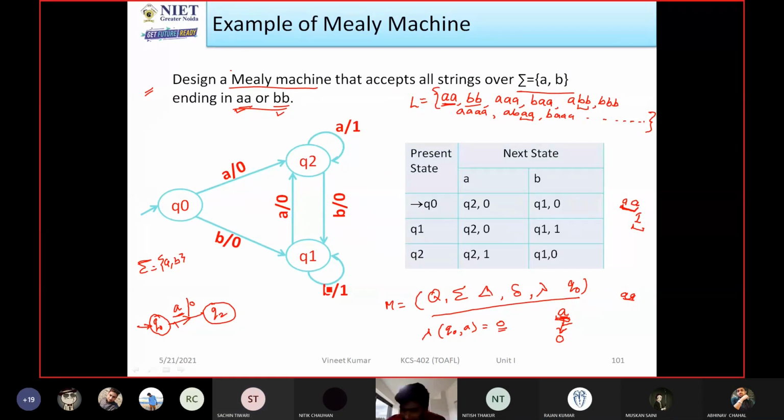Okay, fine. See, basically what I am trying to tell you. In the case of a Mealy machine, I have just differentiated Mealy and Moore machine. In a Mealy machine, output is associated with the transition. What is the meaning in that? That means output depends on the current input applied on the present state.